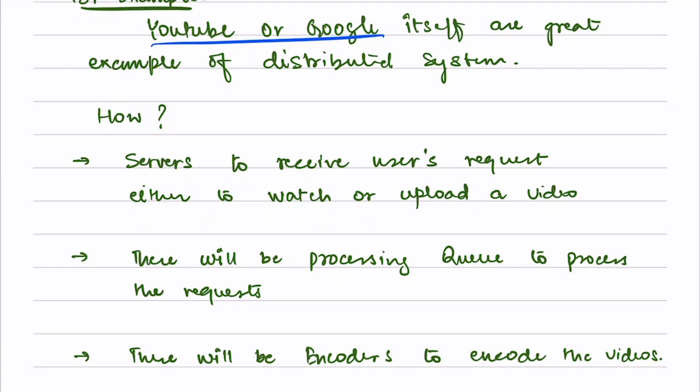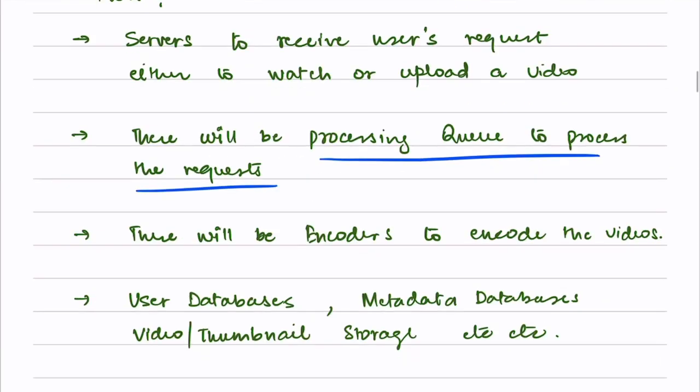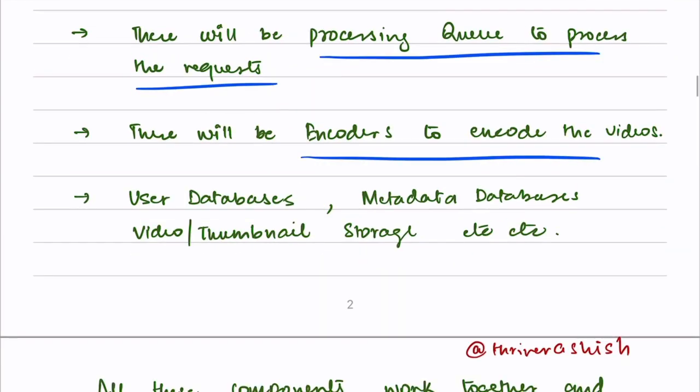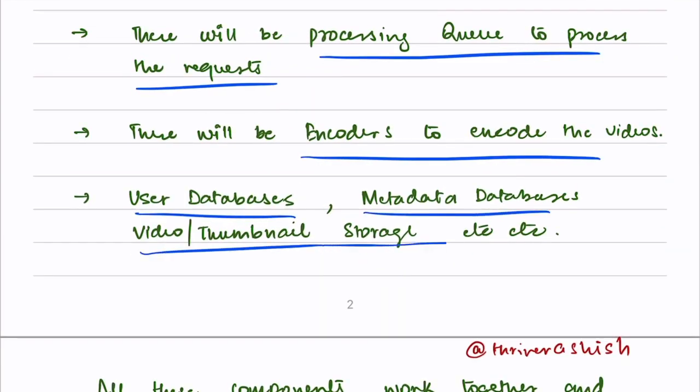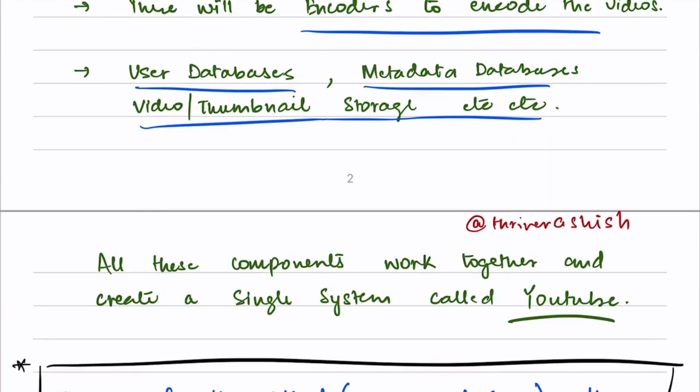And it has a processing queue to process the requests, and there will be encoders to encode the videos, and they'll be using databases, metadata databases, video thumbnail storage, etc. All those components are different and separate, but they are networked together and work coherently to serve one purpose. That's why it's called distributed.